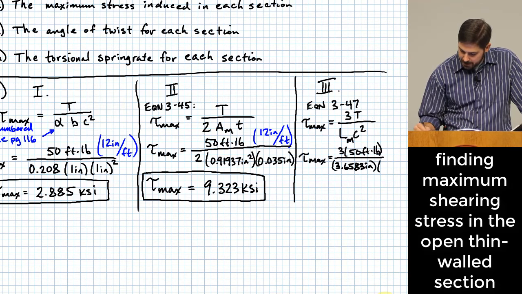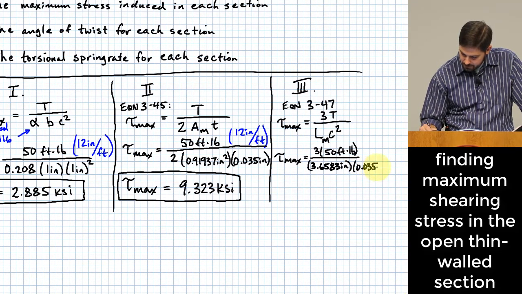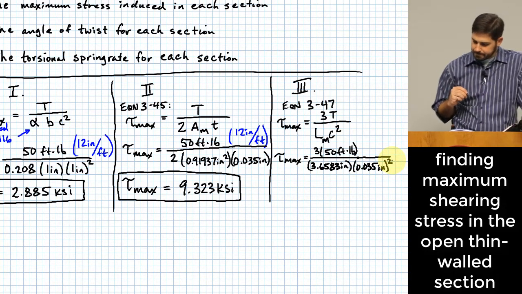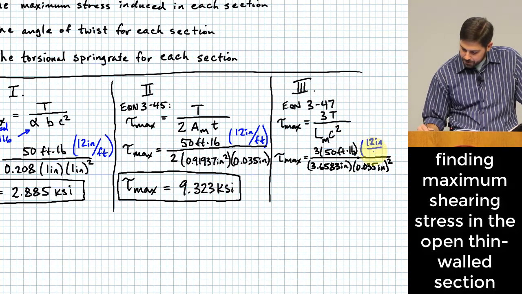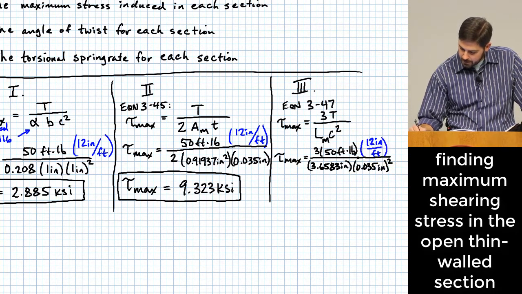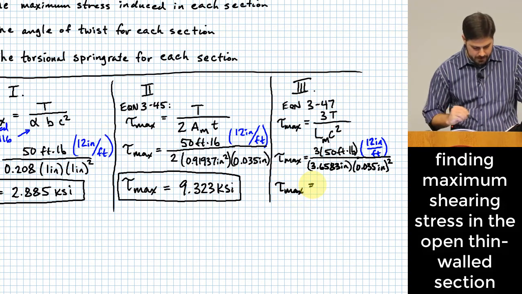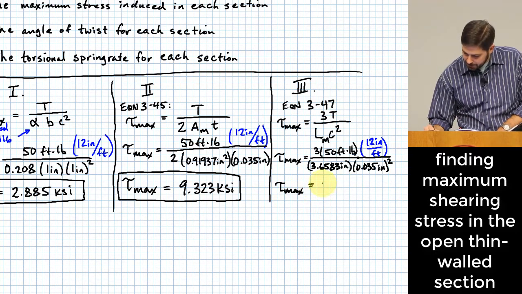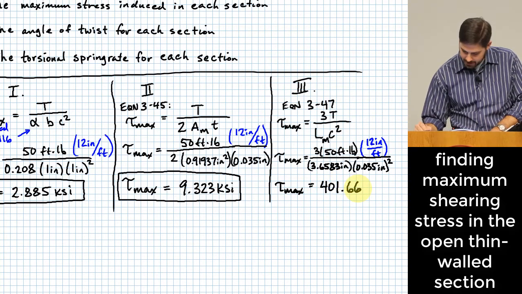All right, so we need to put in 0.035 inches, and then that is squared. Okay, again, we're going to need our conversion factor of 12 inches per foot, and when we plug all this stuff in, we get a maximum shearing stress of 401.66 KSI.